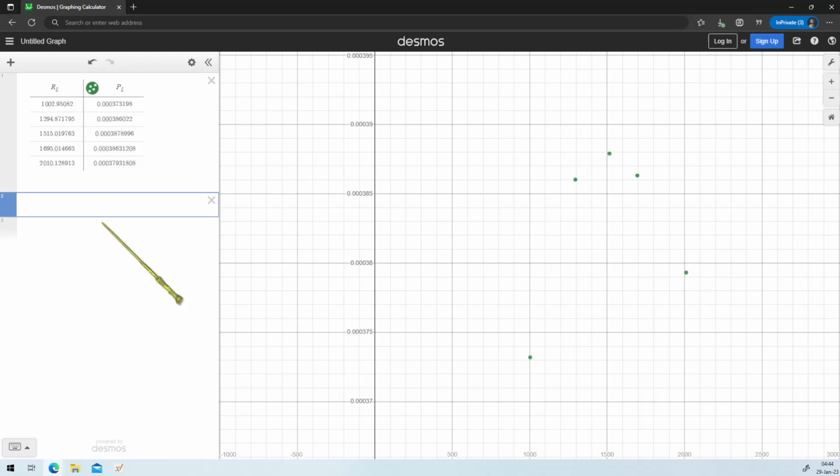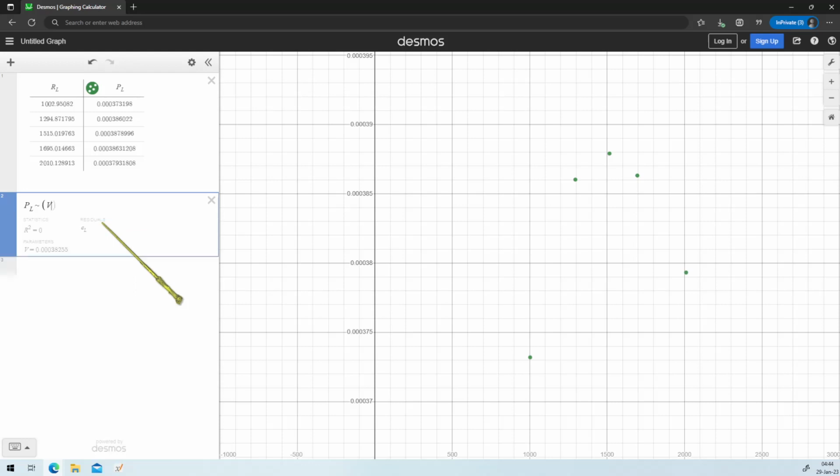So PL. Next is this symbol, the tilde, which indicates the optimization or curve fitting of certain variables.